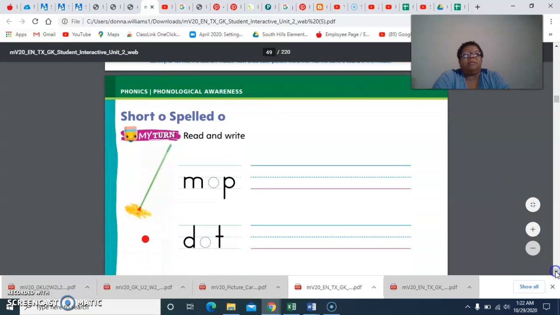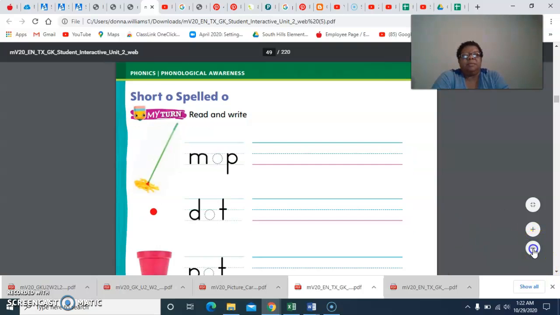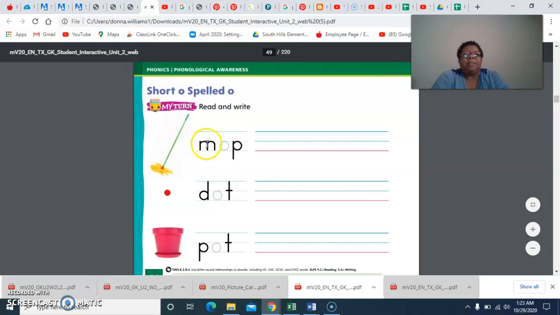For today, your workbook page, we have this one. It has mop, dot, pot. And if you notice, it shows the letter O in the middle of each word. So it's not the first letter, it's not the last letter. You're to write the word at least 2 times in the spaces on the lines.